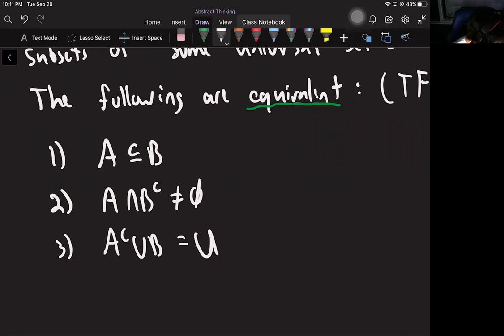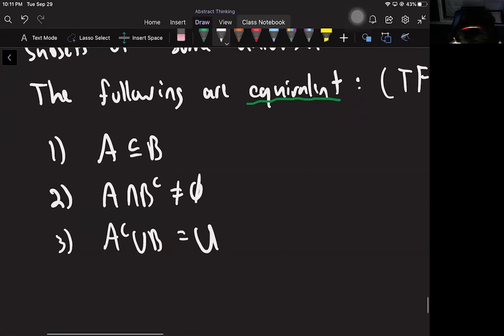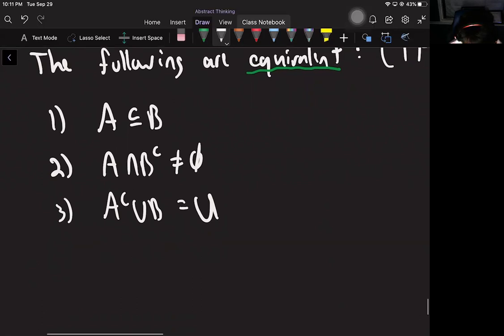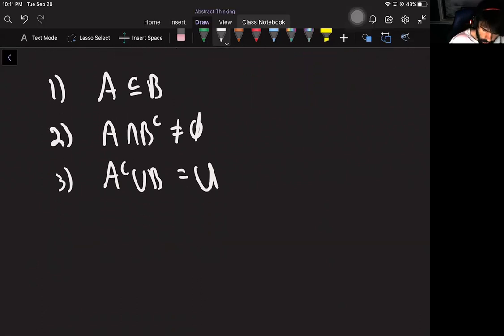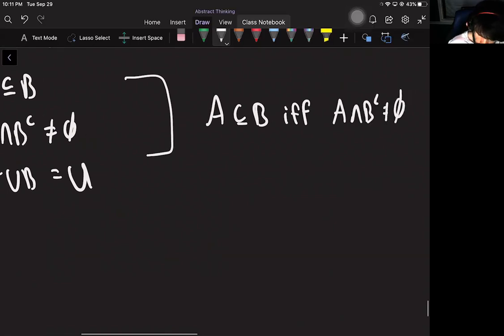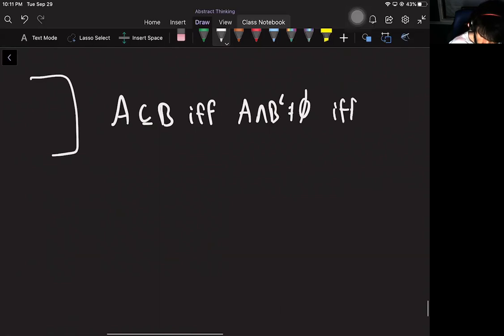Okay. So what we're doing is we're saying that these 3 all imply each other. And so what we're really saying is that A subset of B, if and only if A intersect B complement does not equal the empty set, if and only if A complement union B is equal to the universal set.